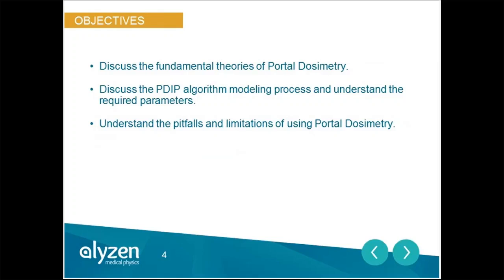And I think that by the end of this, we'll be able to look at those and find issues with the algorithm, find issues with images that you're taking, and maybe be able to tweak the algorithm to get a better solution. And then at the end, I want to talk about some of the pitfalls, some of the limitations, and discuss where portal dosimetry is most useful, where it might not be as useful as maybe another device.